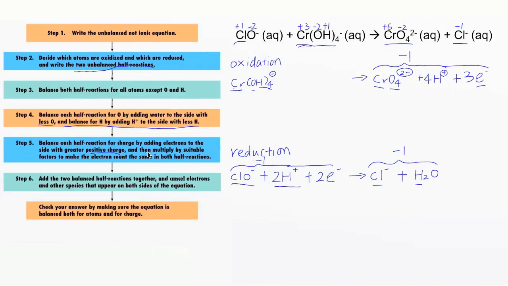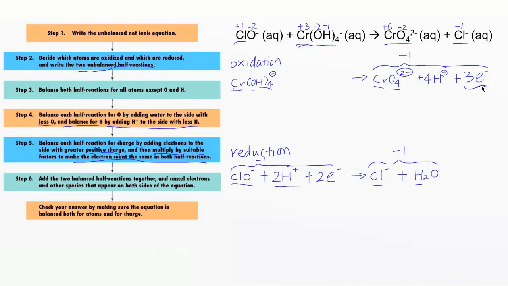The second part of step 5 is to multiply by a suitable factor to make the electron count the same in both half reactions. Now, when you look at this, the oxidation half reaction will generate 3 electrons, right? And the reduction half reaction needs 2 electrons to proceed to the product side.